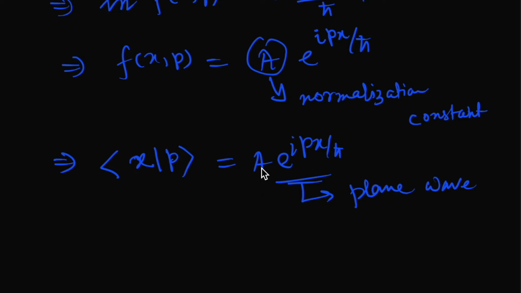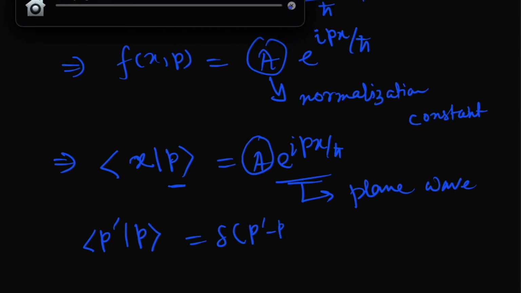Now let us calculate the value of A. To calculate this, let us use the orthonormal property of the momentum eigenkets. That means ⟨p'|p⟩ will be δ(p' − p).